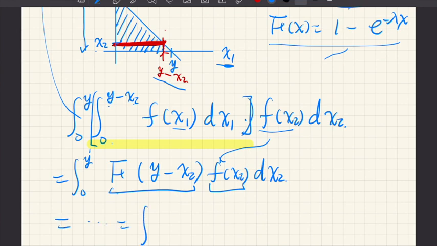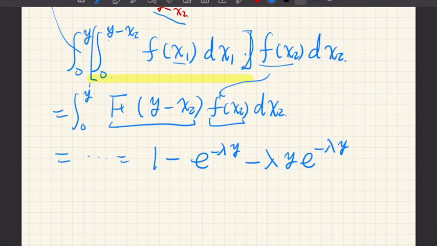And after some calculation, the result is 1 minus exponential minus lambda y minus lambda y exponential minus lambda y.